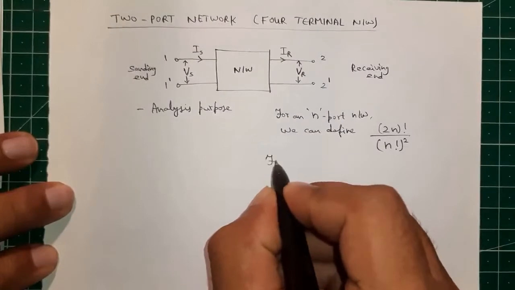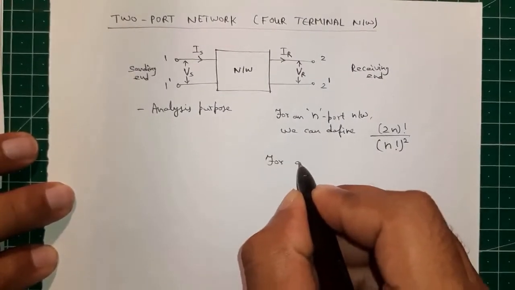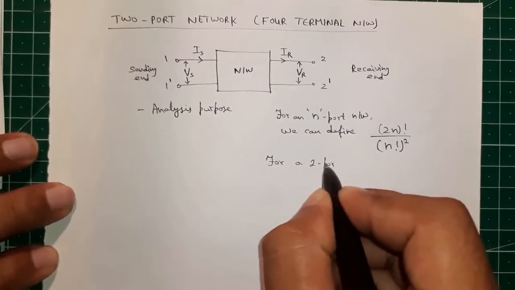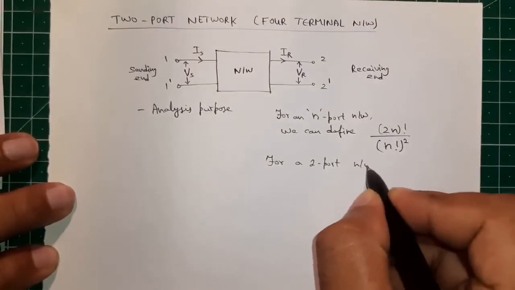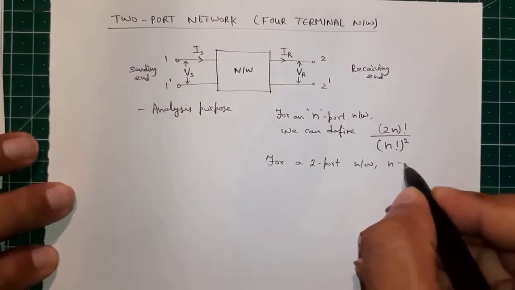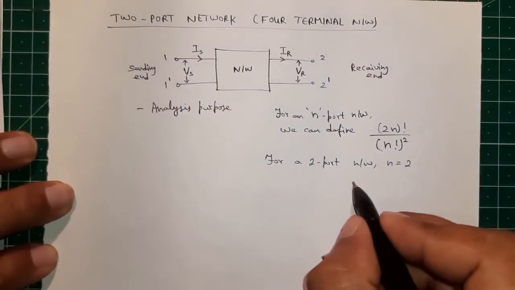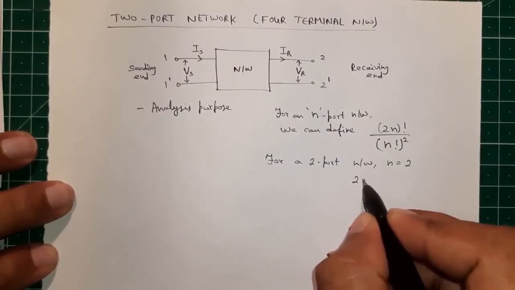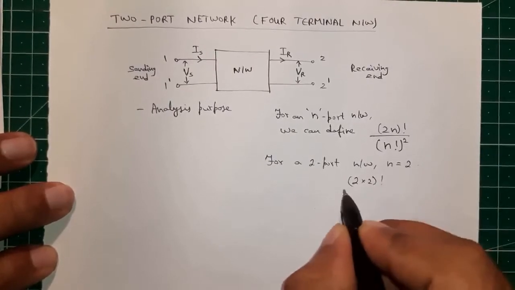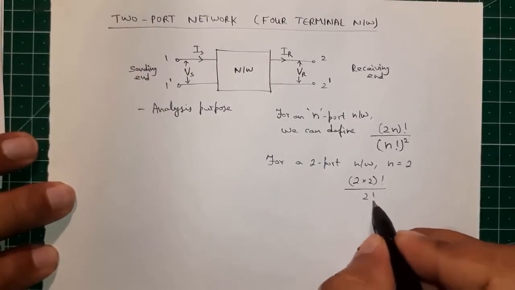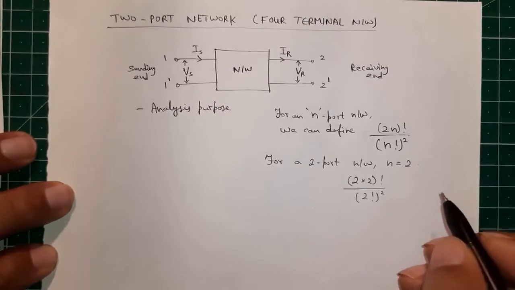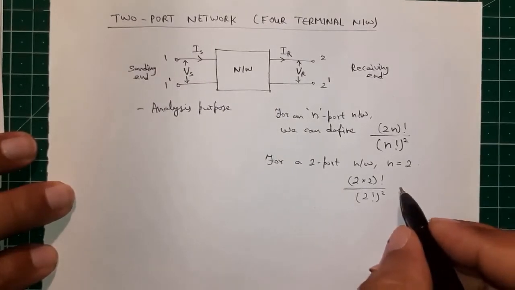So for a two-port network, n is equal to 2. So how many parameters can we define? We can define (2×2)! over (2!)² number of parameters.